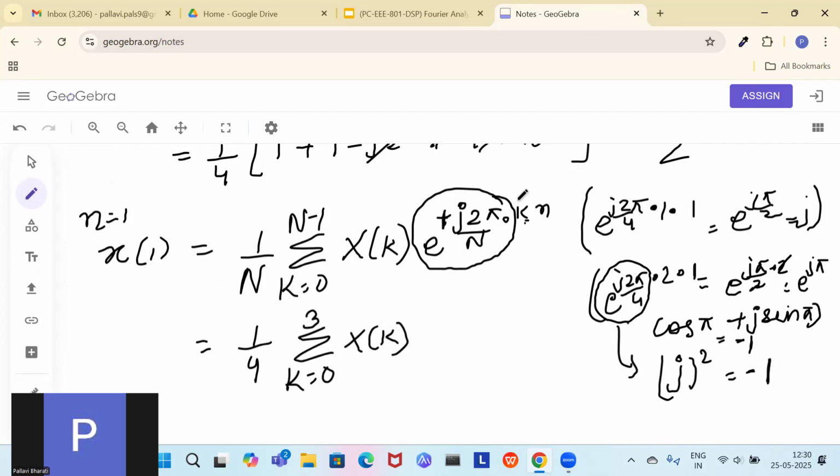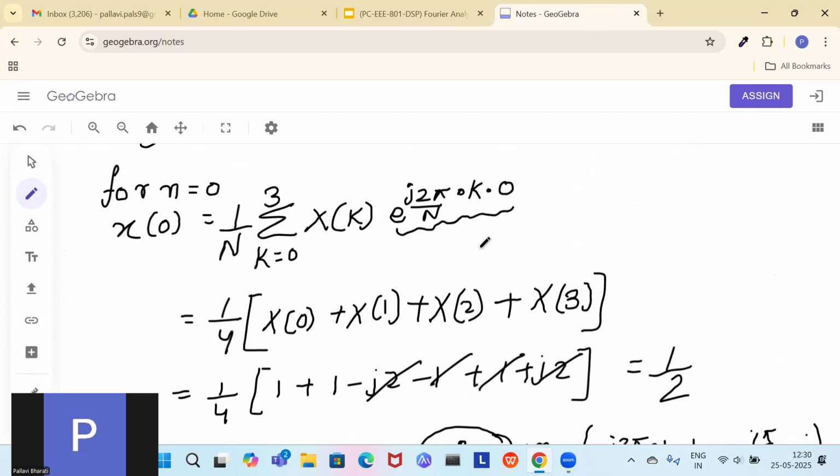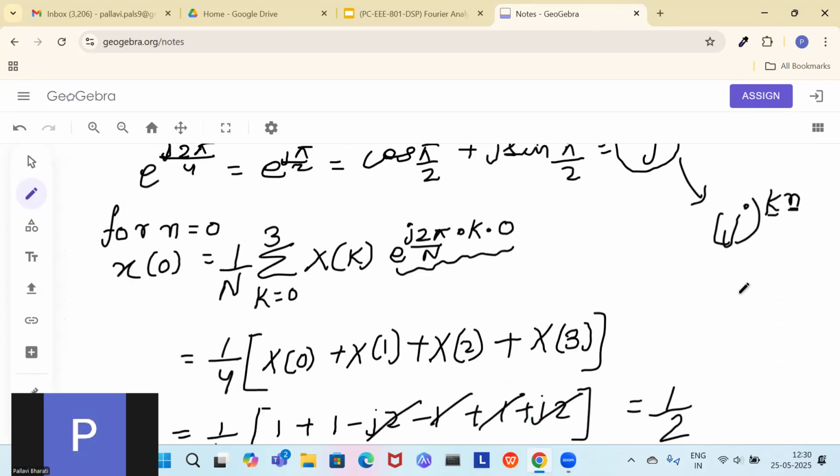So why I wrote it in this manner was to show you that if you first take out the value of this twiddle factor, what I did over here, and after that you raise it to the power k into n. Whatever value of k you are having, whatever value of n that you put, accordingly the final value of this j is going to change.